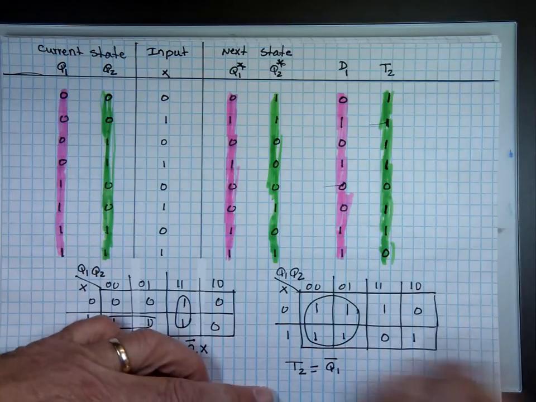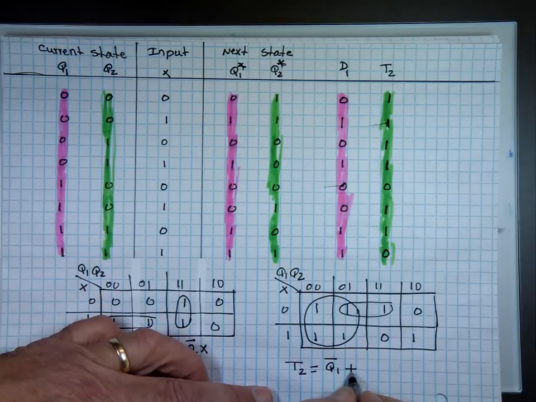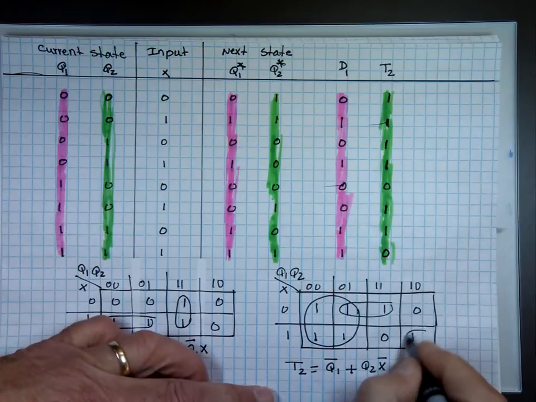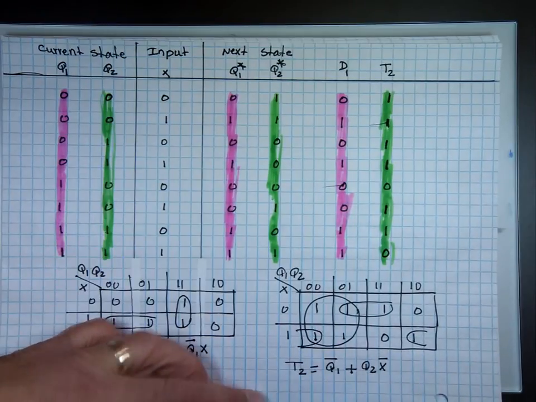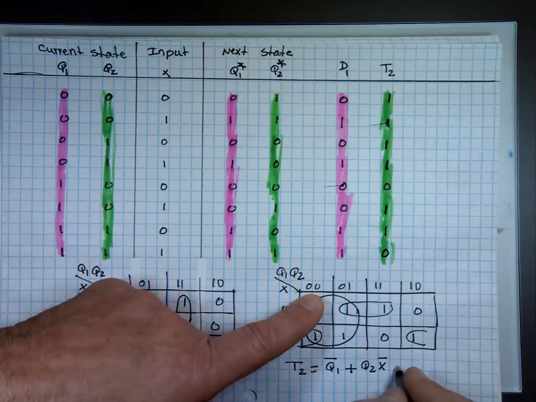I can take these two ones, Q2 X naught, and I can take this one with this. And that'll be Q2 naught X.